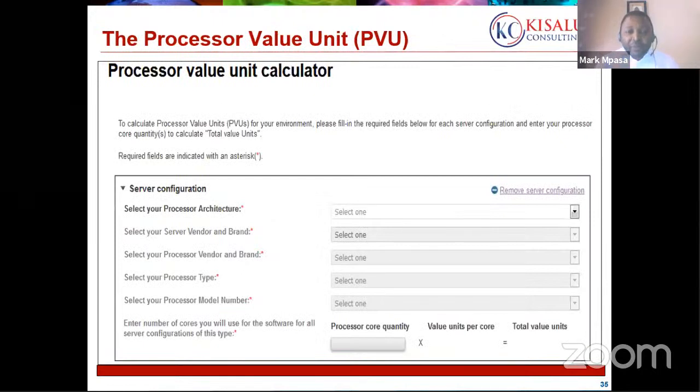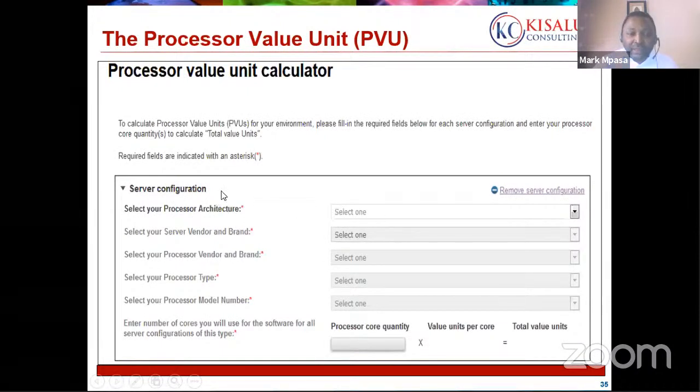So the PVU table is also online on the IBM Passport Advantage site, where you can easily go and look at the same thing that we align there.